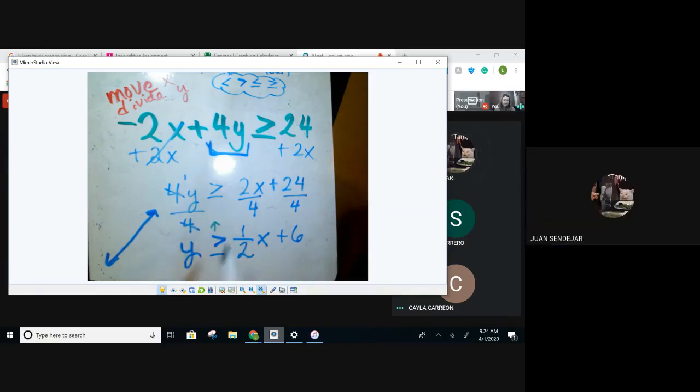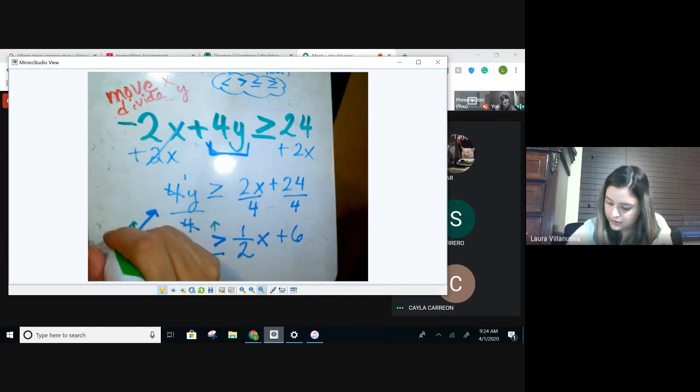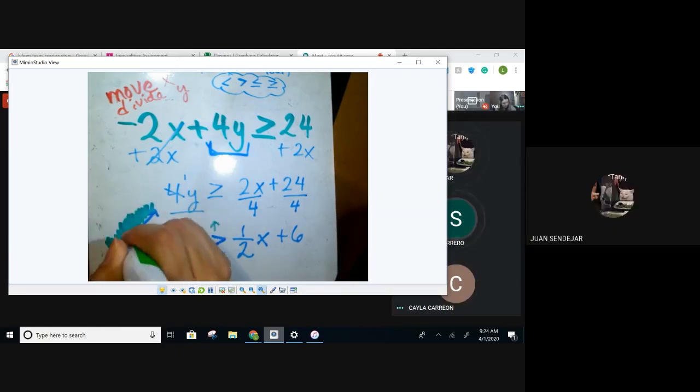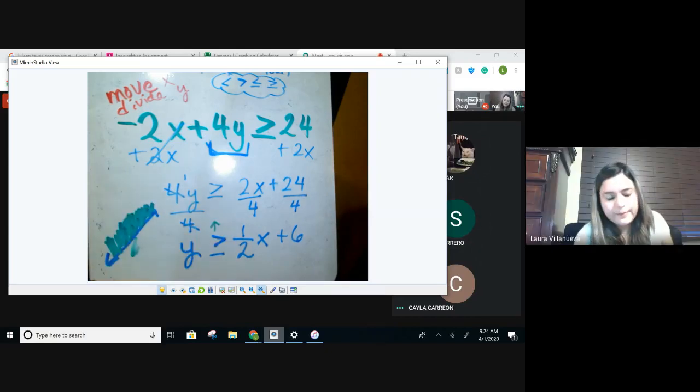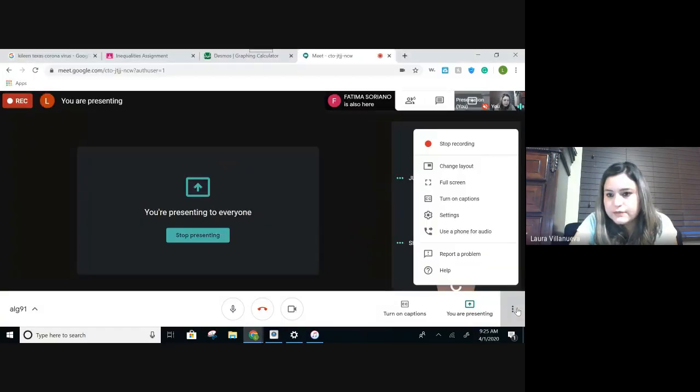On the top of the line. So this is top and this is bottom. I'm not going to shade here. I'm going to shade here. And that's it. I'm going to go ahead and stop the recording, but I'm going to give you more examples.